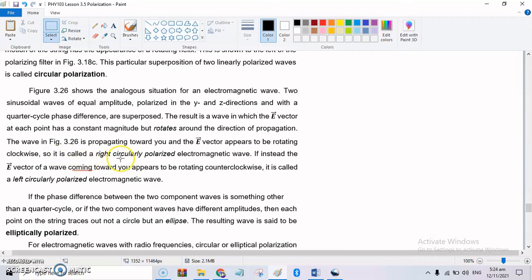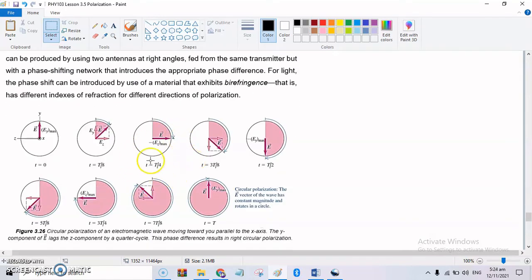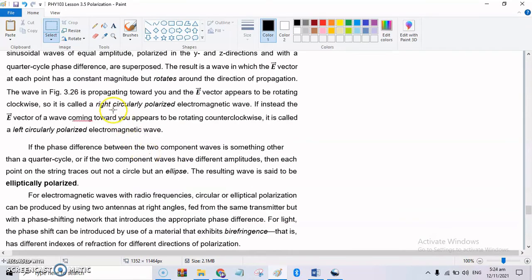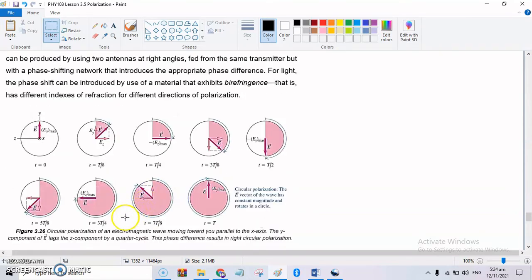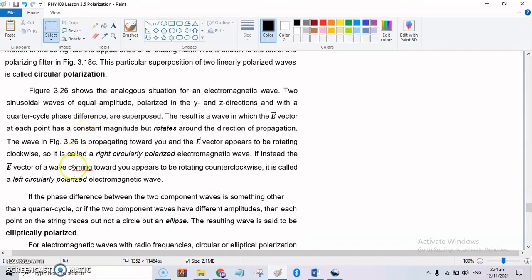So it is called a right circularly polarized electromagnetic wave. If instead the electric field vector of a wave coming toward you appears to be rotating counterclockwise, it is called a left circularly polarized electromagnetic wave. Since this is a right circularly polarized electromagnetic wave, let's focus on this figure.